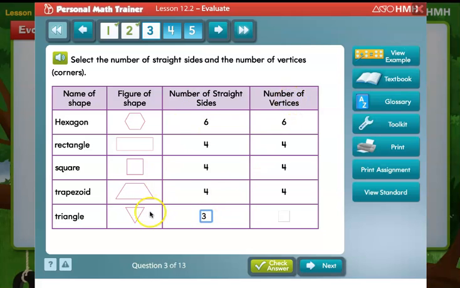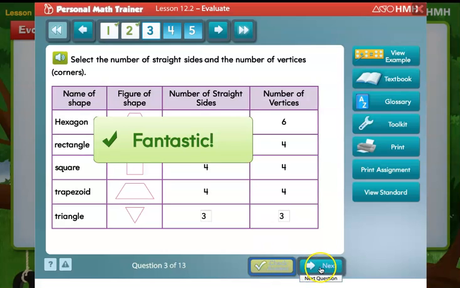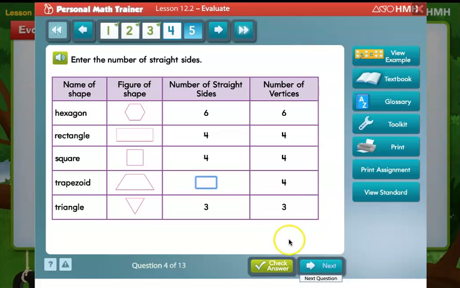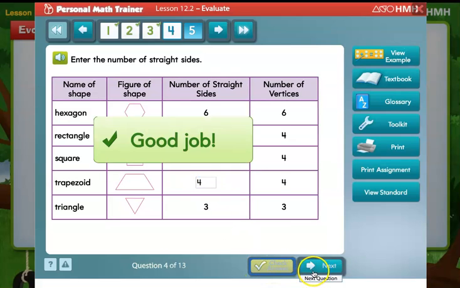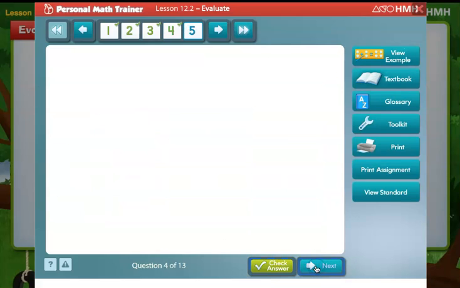How many vertices or corners? 3. Fantastic! Trapezoid, how many sides? 4. Good job! We'll do one more.